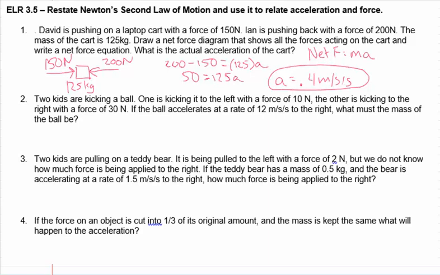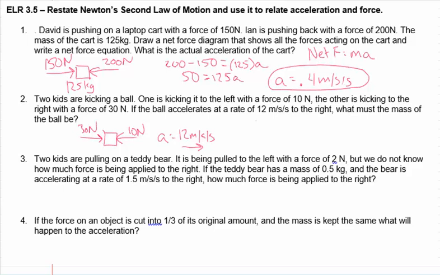I'm going to set up my diagram again. One of the forces is going to the left with a force of 10 newtons. The other is going to the right with a force of 30 newtons. And the ball has an acceleration of 12 meters per second per second, and it says it's going to the right, so I'm going to add that in also. Now we're going to solve for mass. Again, net force is subtracting the two different ones.